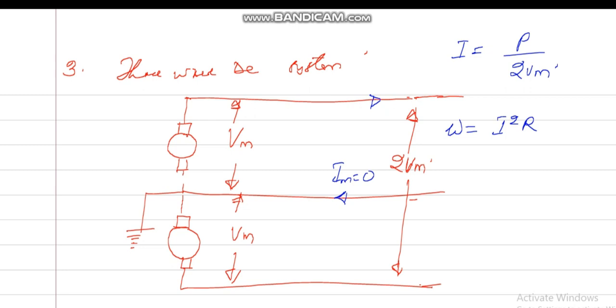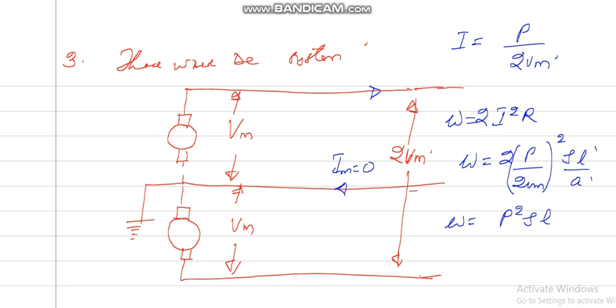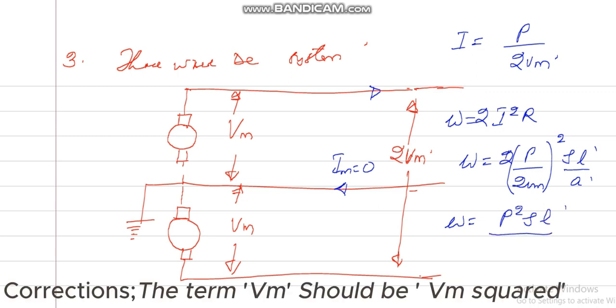Kwa hiyo power loss will be twice times I squared R. Tukisubstitute for I, tutapata power loss is given by twice times P over twice Vm squared times resistivity rho times L over A. Okay, kwa W itakuwa sawa kusema P squared resistivity rho times L over 2 Vm squared times area, 2 itacancel na 2 moja hapo.